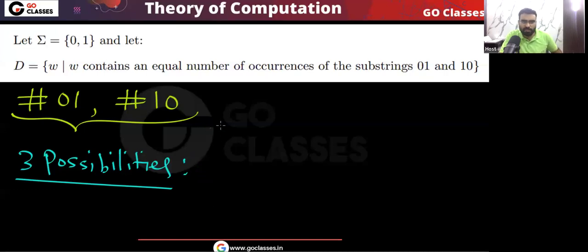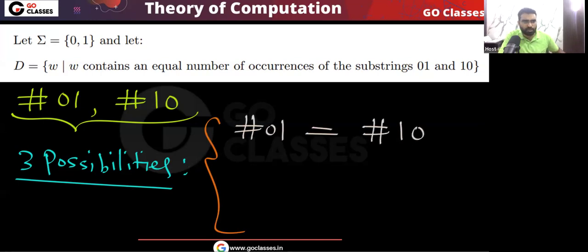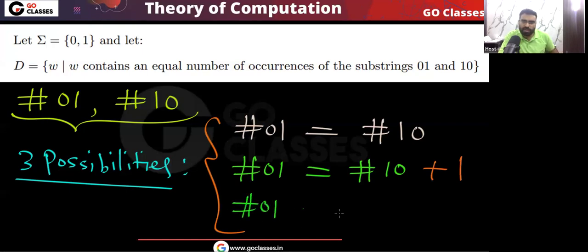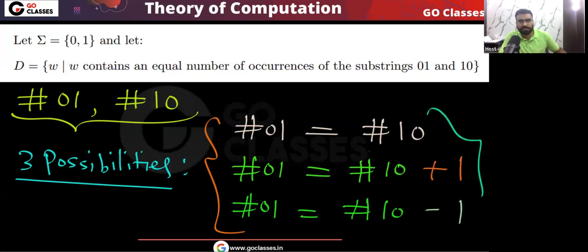Either both are the same, meaning the number of 0 1 is equal to the number of 1 0, or the number of 0 1 is one more than the number of 1 0, only one more, or the number of 0 1 is one less than the number of 1 0. Only these three possibilities are there.